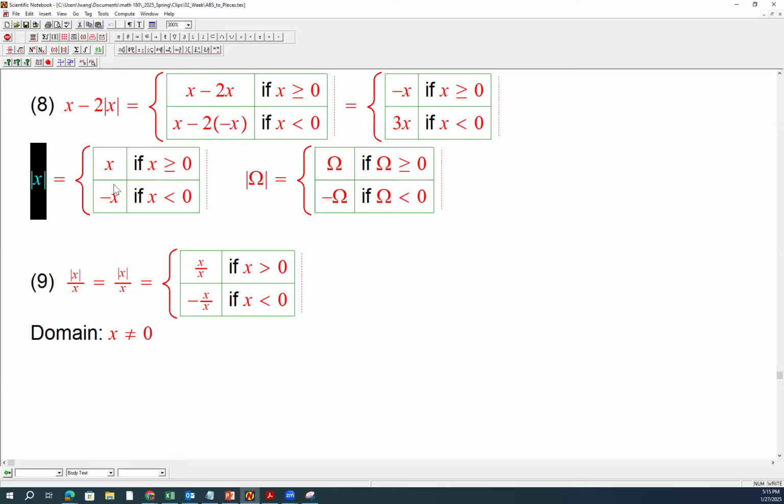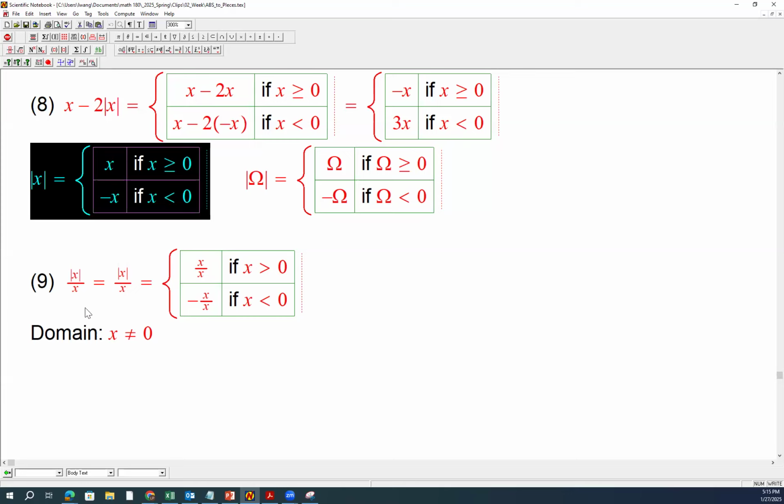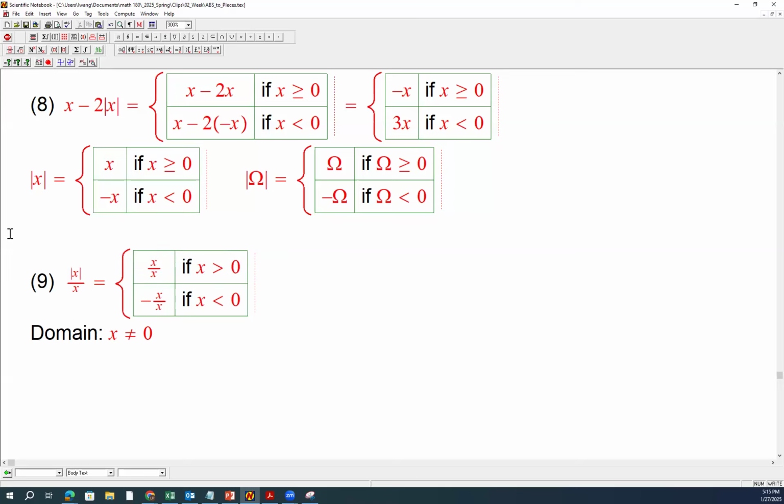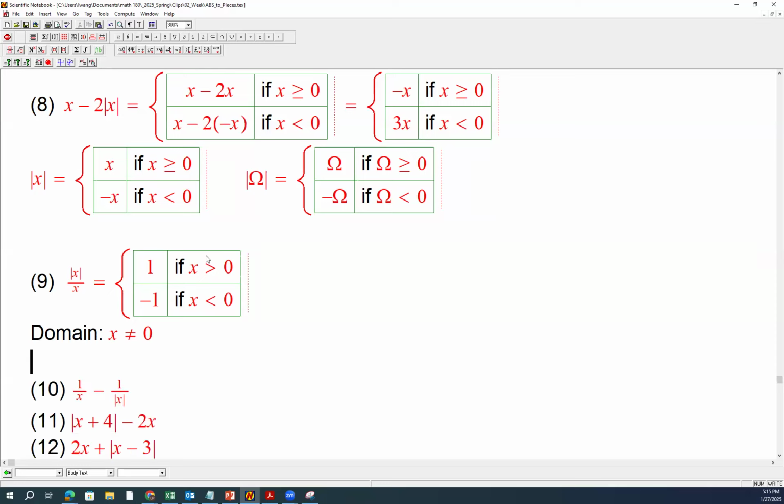You take the whole of the absolute value of x divided by x. And x divided by x when x is positive is just 1. x divided by x when x is negative is negative 1. Done, finished. You can see how we can create these piecewise functions.